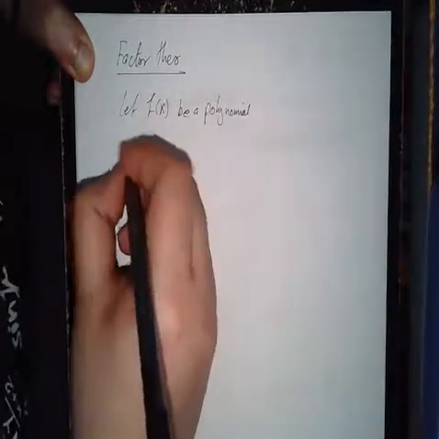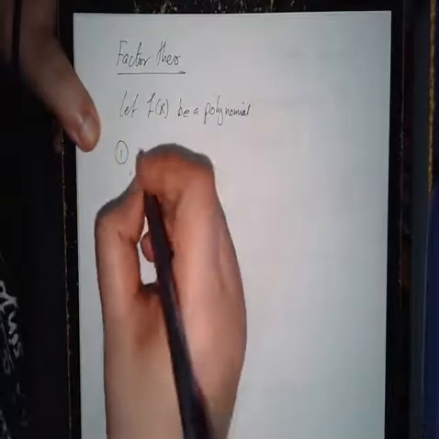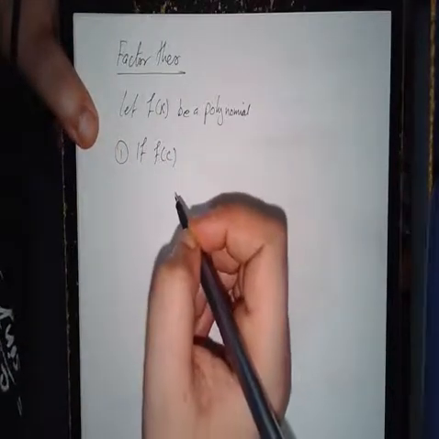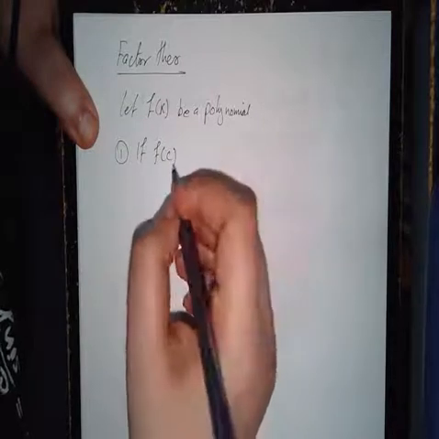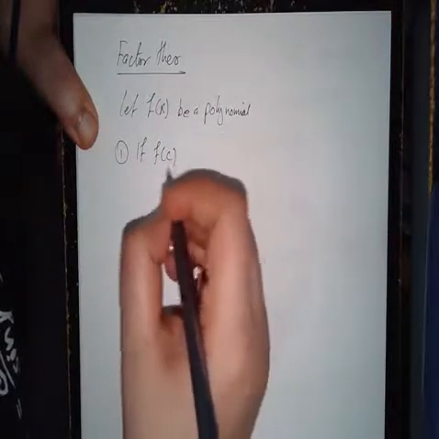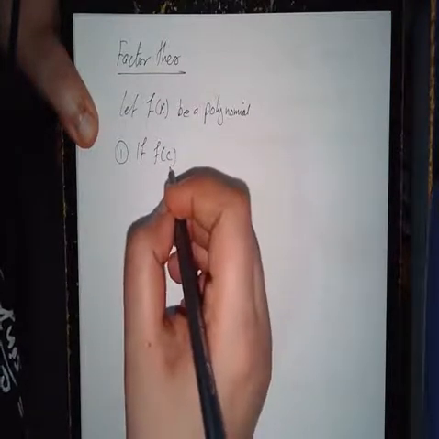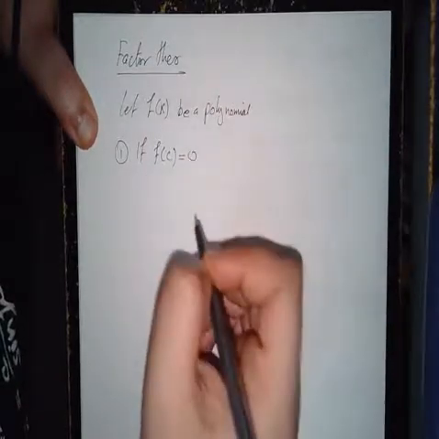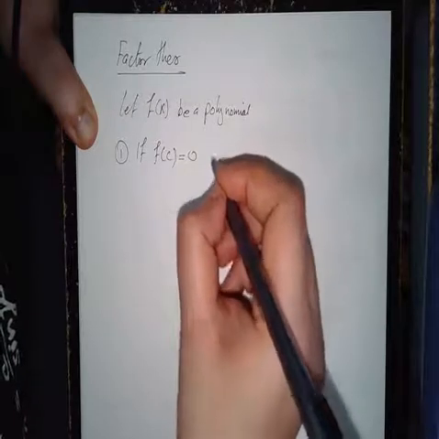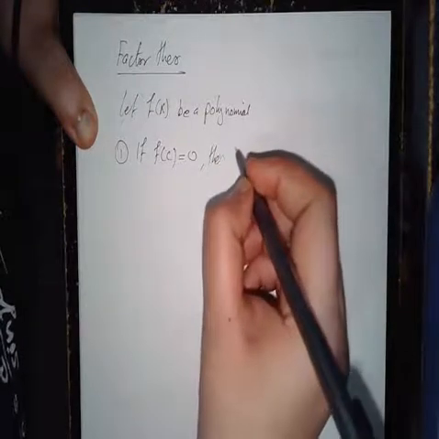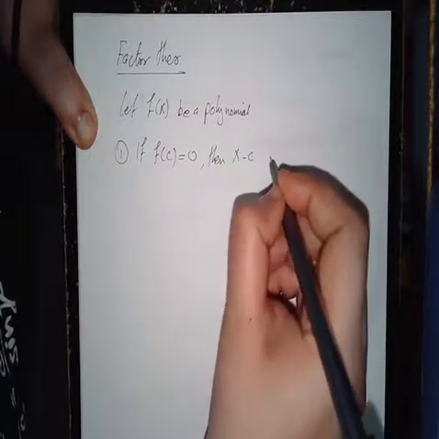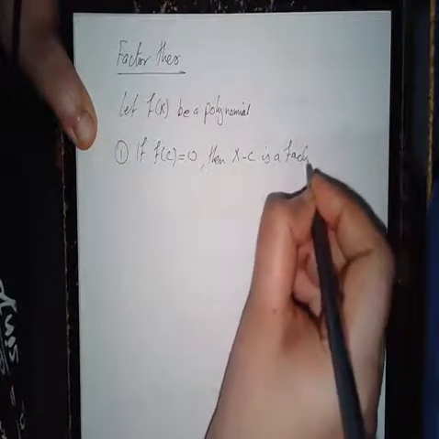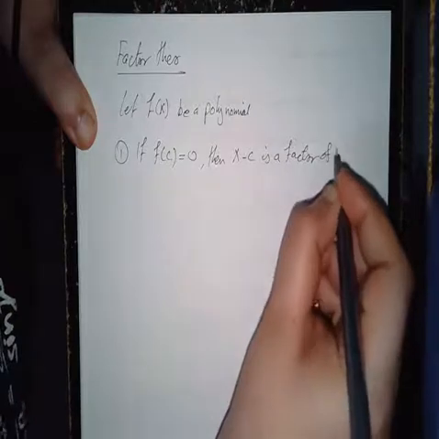Now, there are two things you need to know. One, if f of c, notice I'm plugging in that c we've been talking about a few times in this section, if f of c equals 0, then x minus c is a factor of f of x.